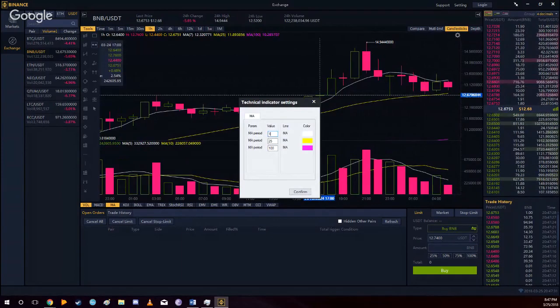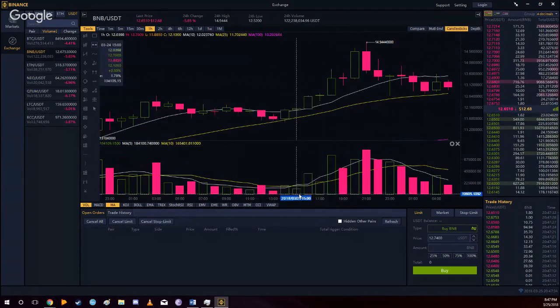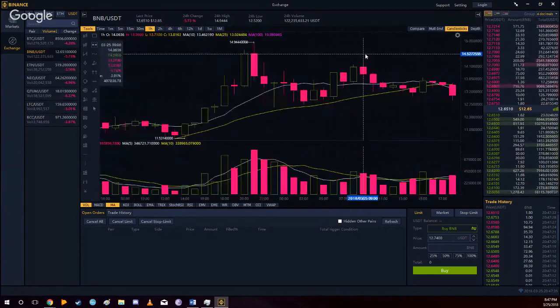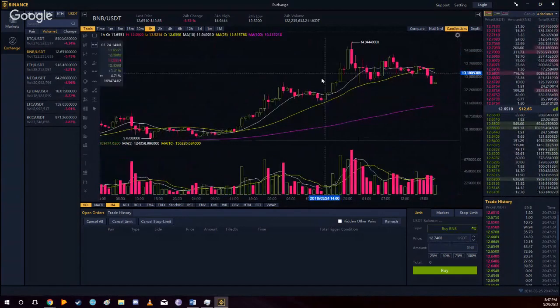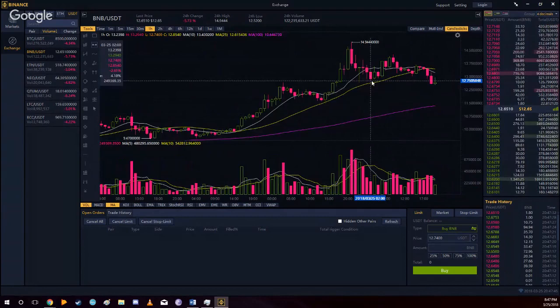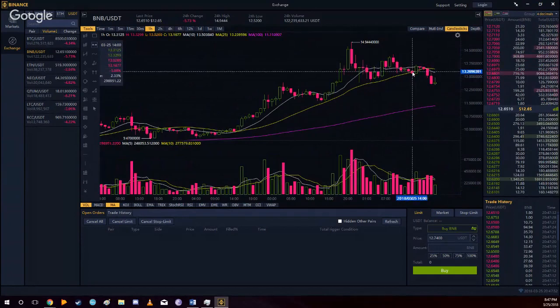So let's return to MA10. Looking back in time, you can see that it rode the MA25, as I previously stated, about 3 times. And once it broke the MA25, it went down again.